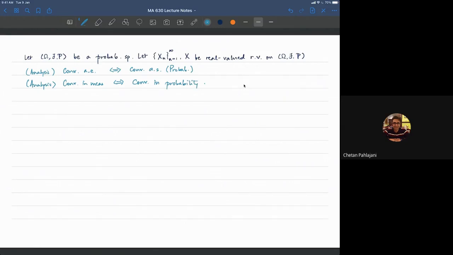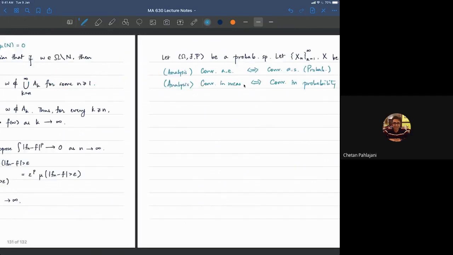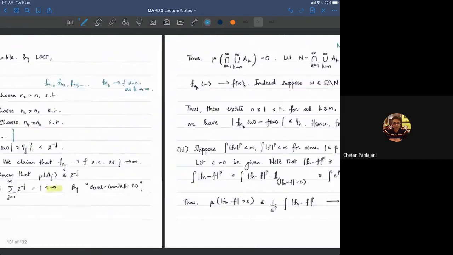Okay, so since this is going to be important enough, let me actually write down a definition of convergence in probability. As I've said, this is redundant because we have already talked about how convergence in probability is defined, but since this is going to rear its head, might as well take care of it.